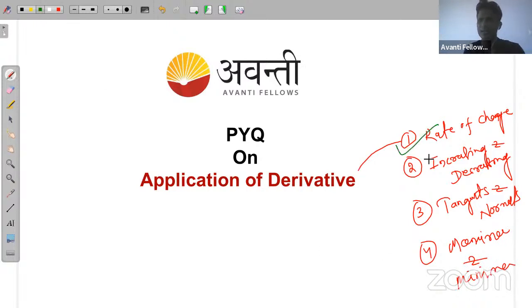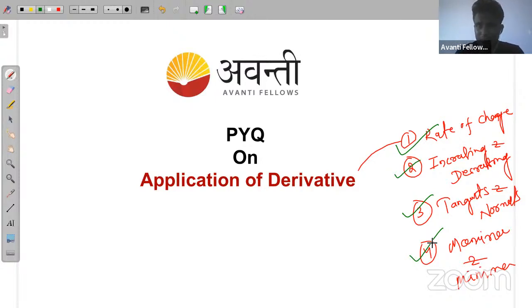One is rate of change. These are very basic questions. Mostly in JEE Mains level, rate of change is frequently asked. But when it comes to Advanced, you will find most of the questions are under the other three: increasing, decreasing, monotonicity, tangent and normal, maxima and minima. In JEE Mains, it will be a very straightforward question, but in this case, it will be of mixed concept.